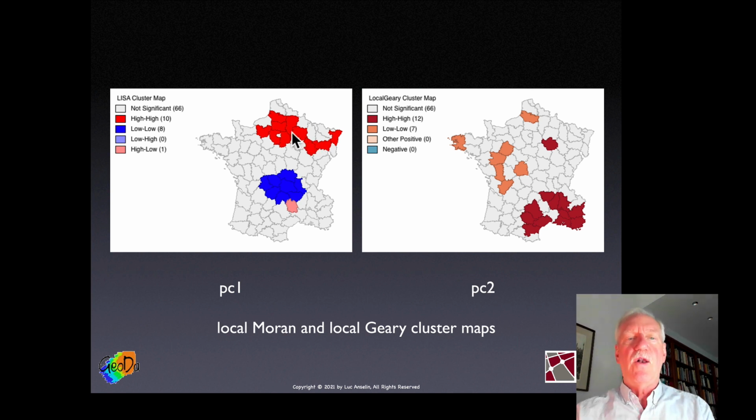Why is this useful? Well, if you recall the discussion of multivariate local clustering in the intro spatial data science class, that was actually pretty challenging. That was hard to do and hard to interpret. Well, this is a way around, because the first principal component, not in this case, but sometimes we're lucky and the first principal component explains, say, 50, 60, 70% of the overall variance.